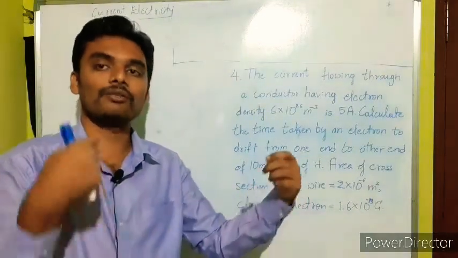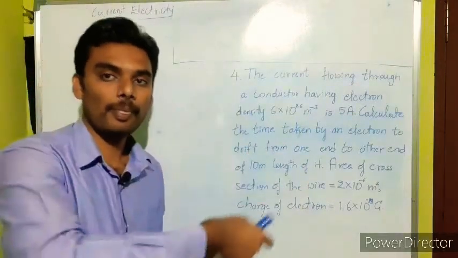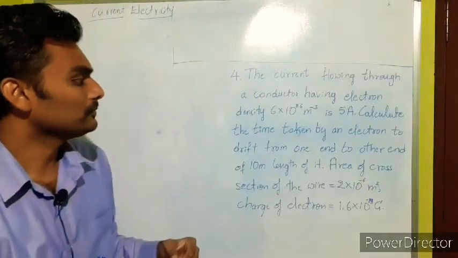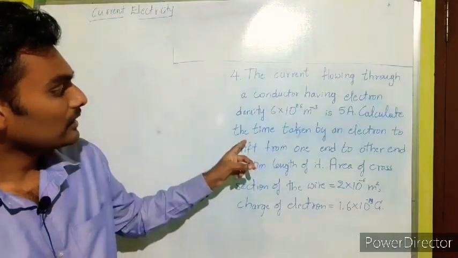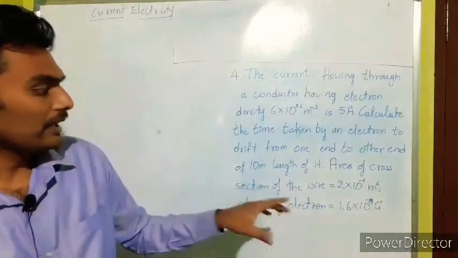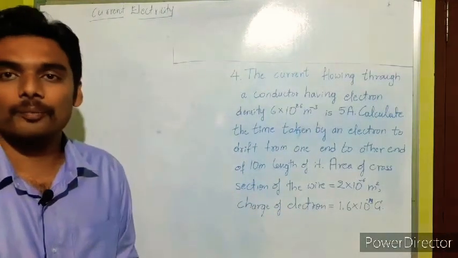It will go from the negative terminal to the positive terminal of the battery. Now what do we need to calculate there? We need to calculate the time taken, and the length of the wire is given, area of cross section is also given, and charge of the electron is given.